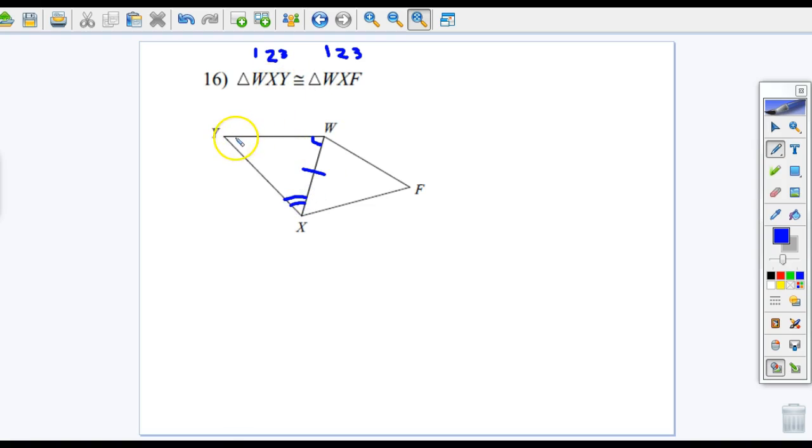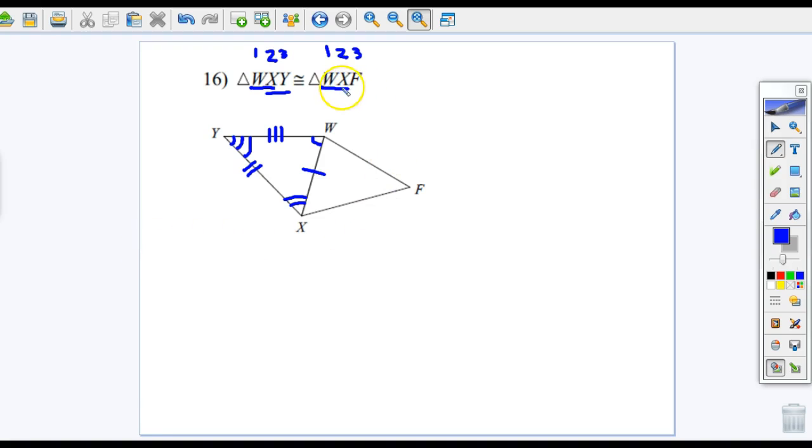And Y is my third angle, that's going to get 3. Okay, so my line segment WX we've already done, right? WX gets 1. So my second line segment is XY, and that'll get how many? 2. And my final segment on this triangle will get the third mark.